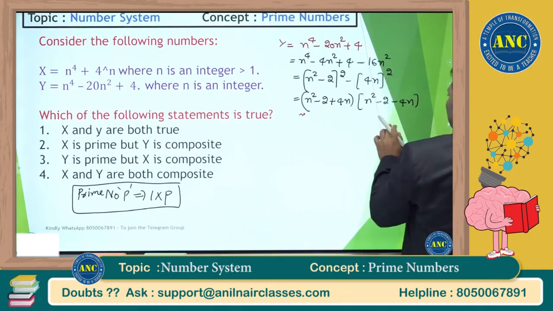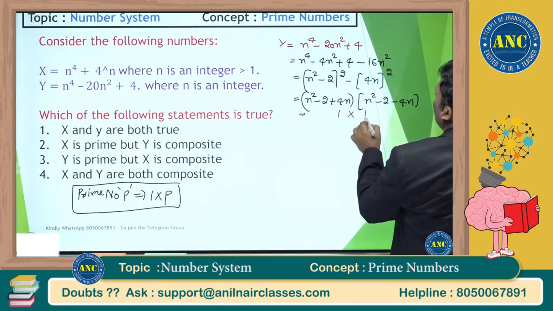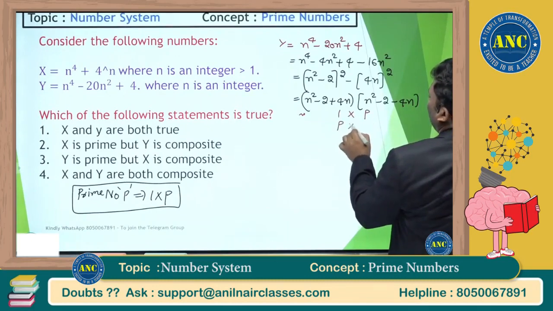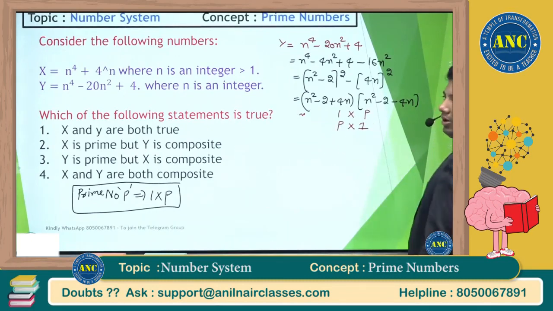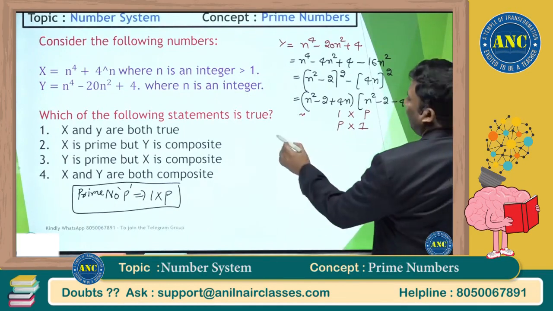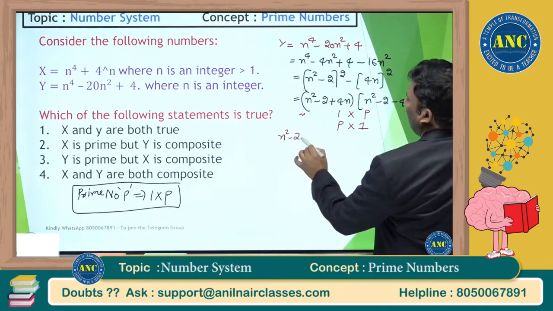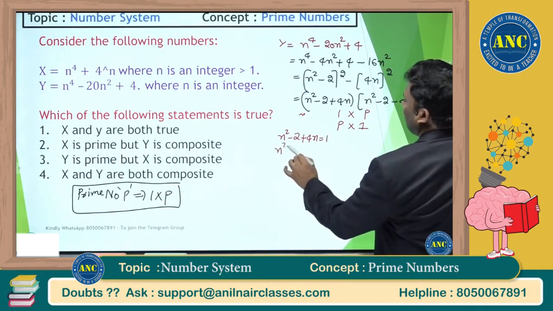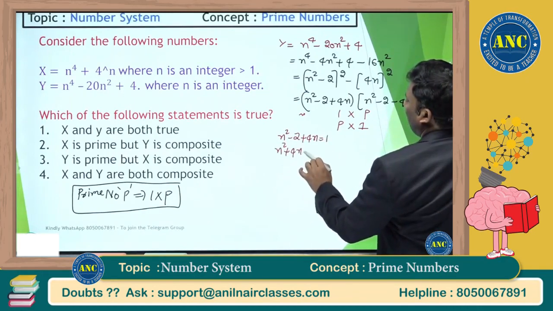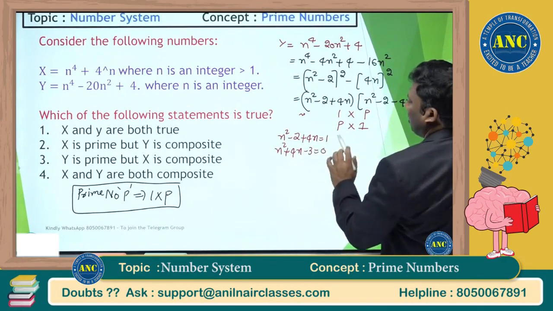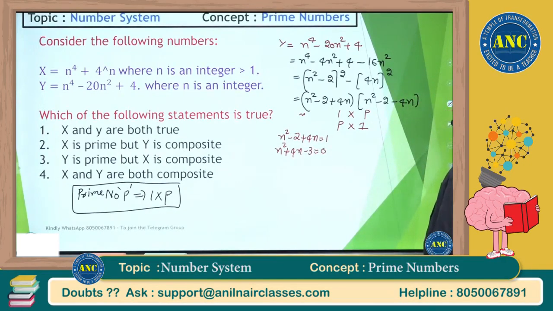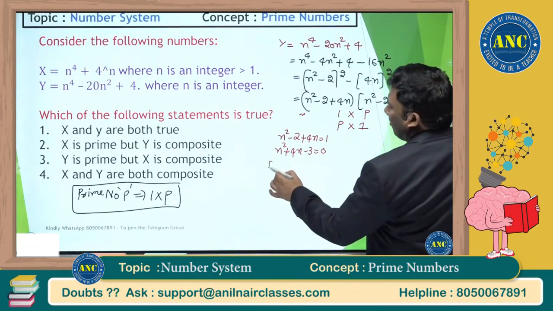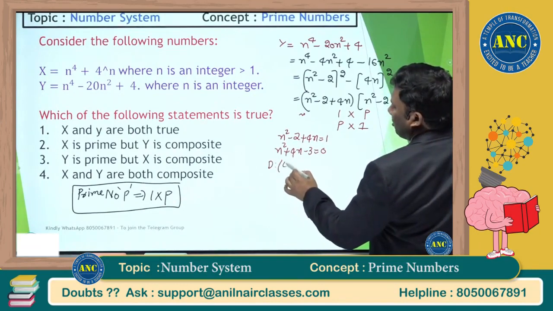If it is a prime number, it should have only two factors, 1 and p. It can be interchangeable because it's a variable. So if I take n square minus 2 plus 4n equal to 1, n square plus 4n minus 3 equals 0. Discriminant, n value should be an integer.